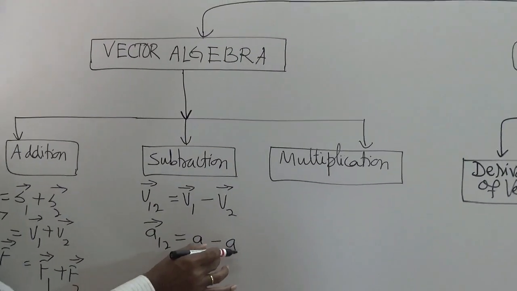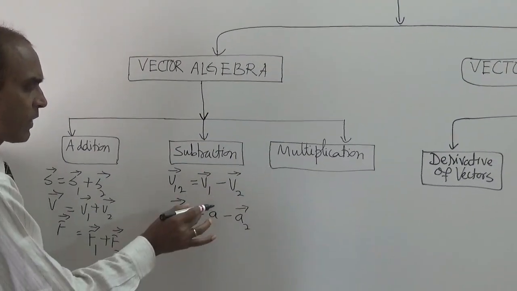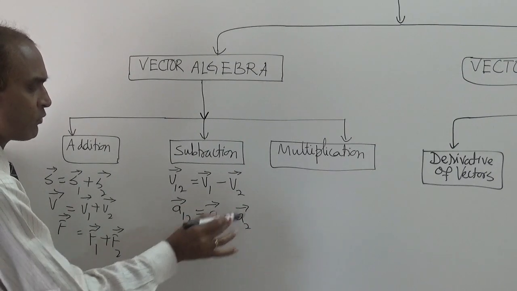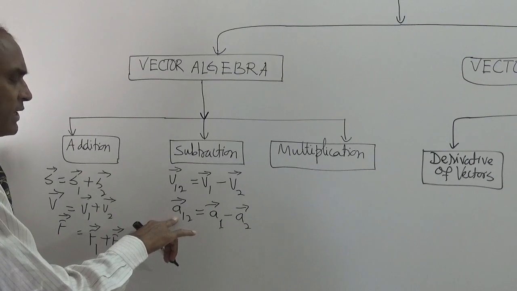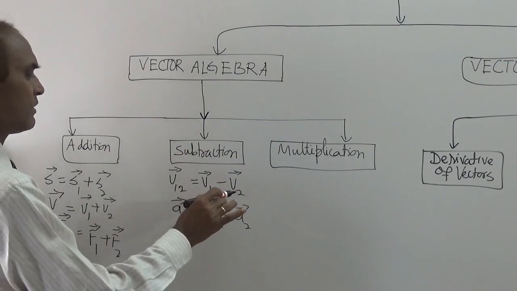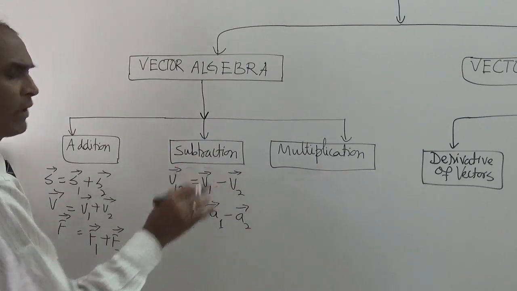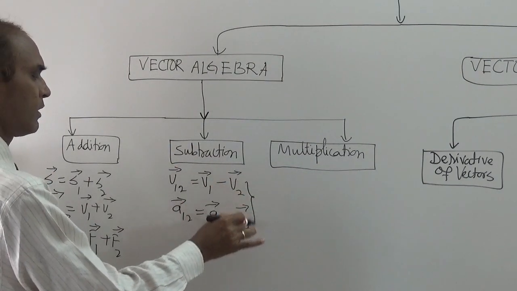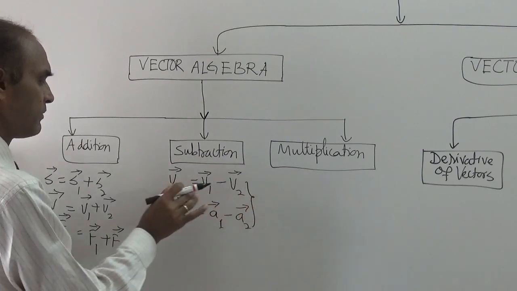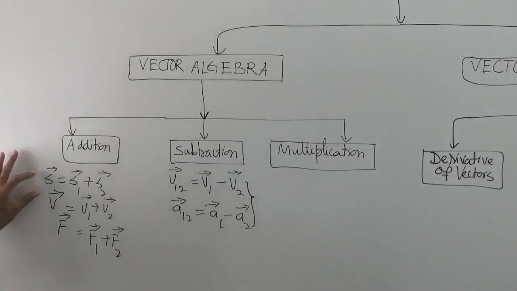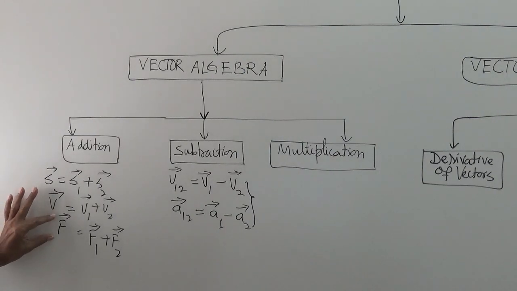The acceleration of object 2 is subtracted from the acceleration of object 1. That is called relative acceleration. So the subtraction of vectors can be used in this way. This is the relative velocity, this is the relative acceleration. This is the net or resultant displacement, net or resultant velocity, net or resultant force.